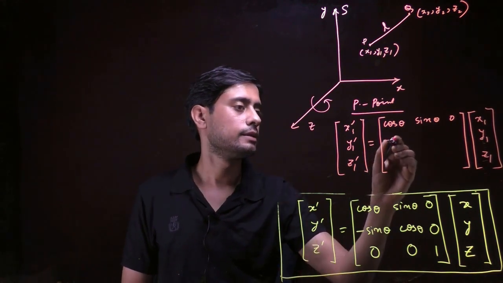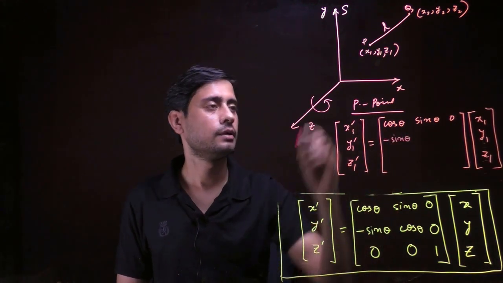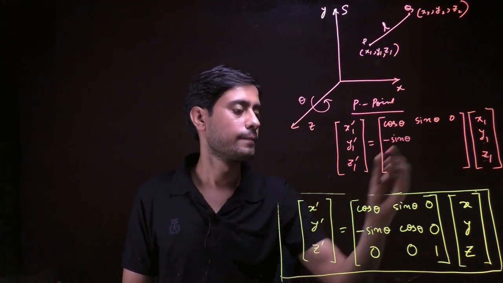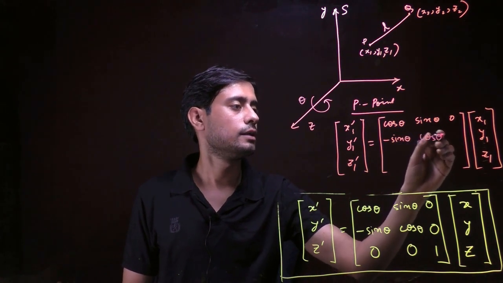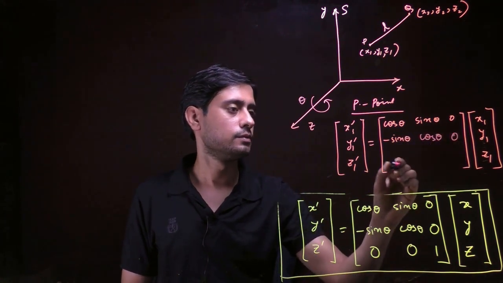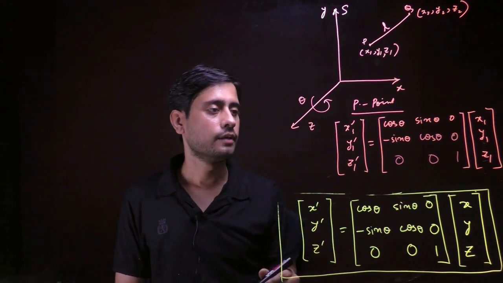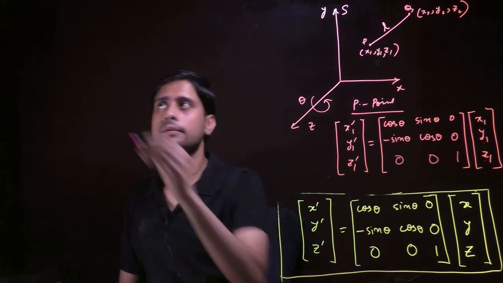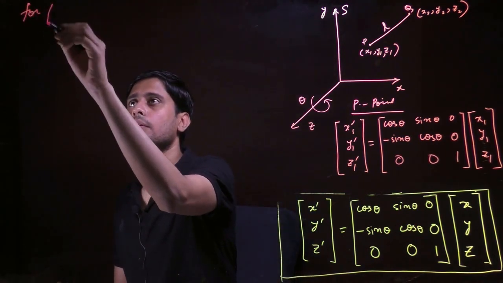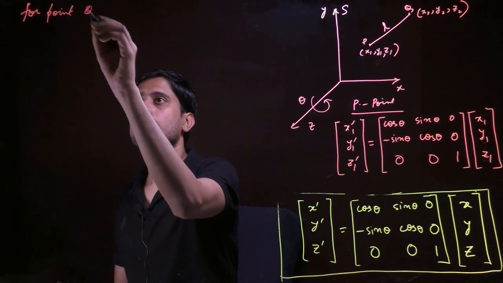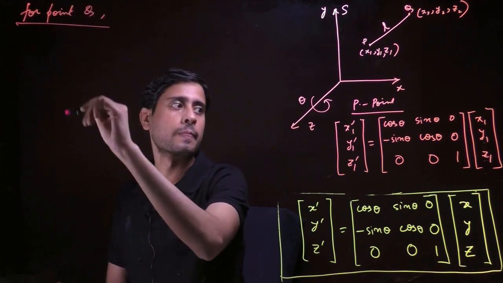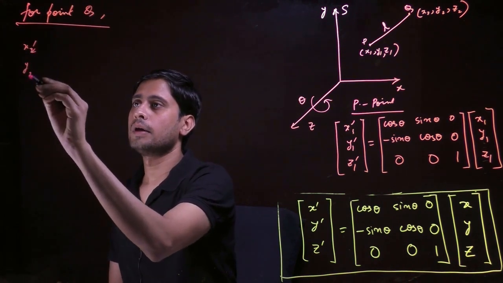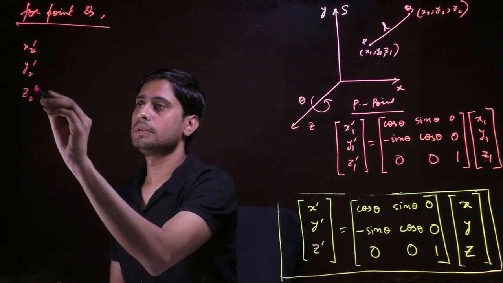Then minus sin theta, cos theta, 0, and 0, 0, 1, for a rotation by an angle theta. Similarly for point Q, x2 prime, y2 prime and z2 prime.